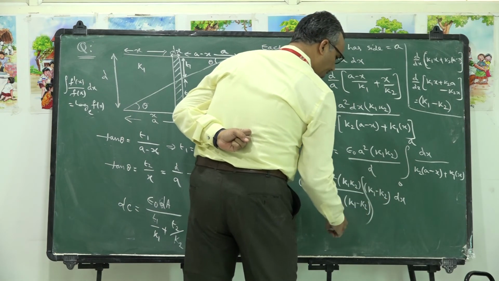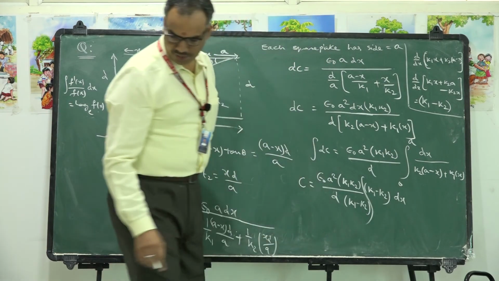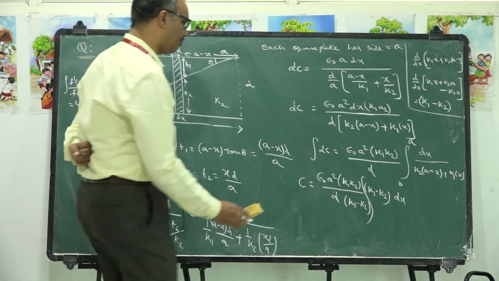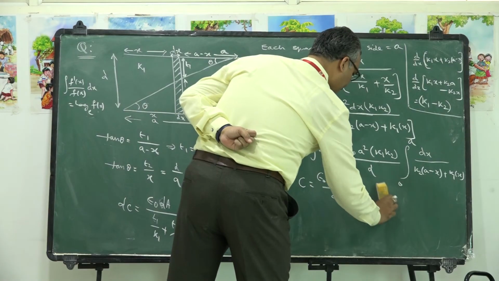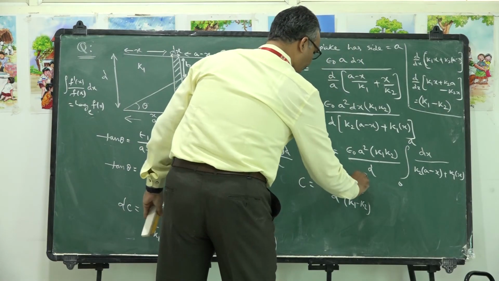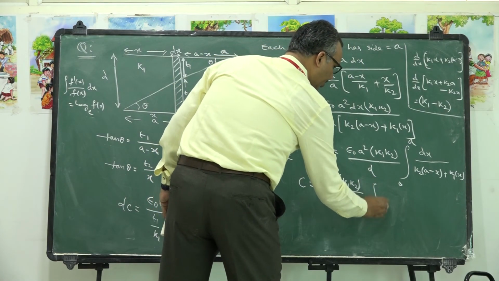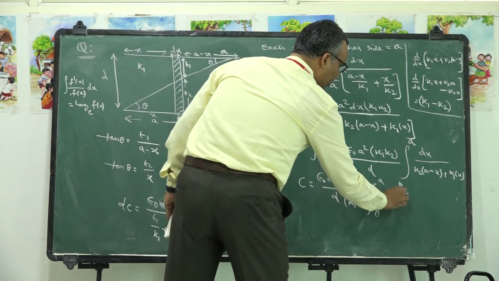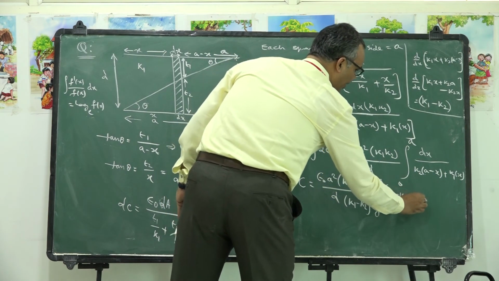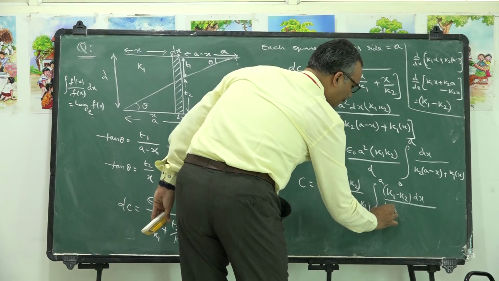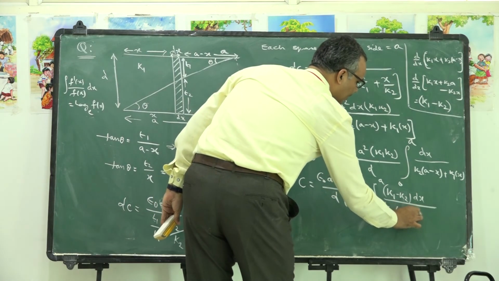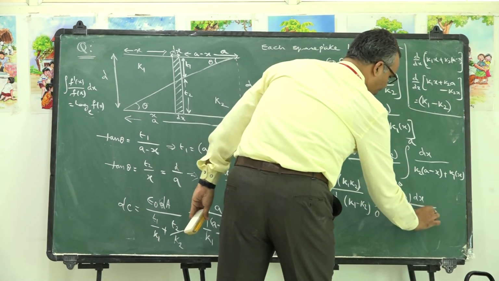So here is the integral, let me write it clearly: integral 0 to A, (K1 minus K2) dx by K2 into (A minus x) plus K1 into x.